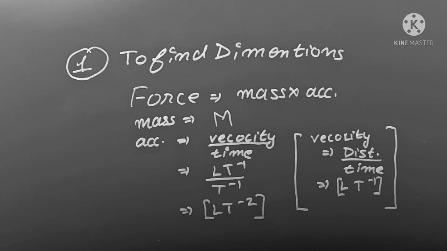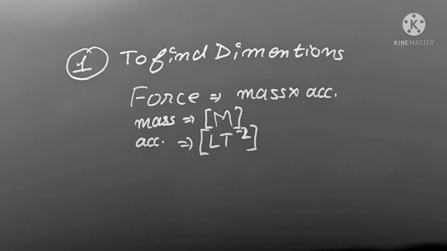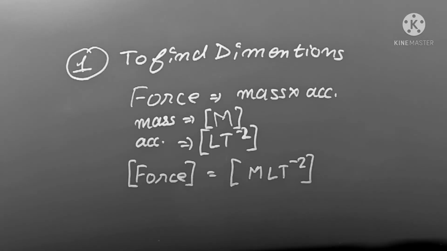And when we put the dimension of velocity in the acceleration's formula, the dimension of acceleration comes out to be L T minus 2. So now we will put these in the formula of force. The dimension of force comes out to be M L T minus 2. This is a very important dimension, so it's better to learn it.